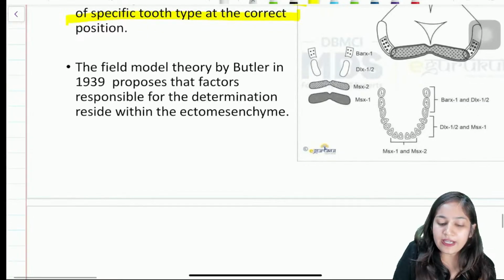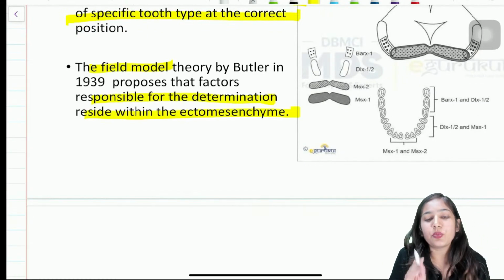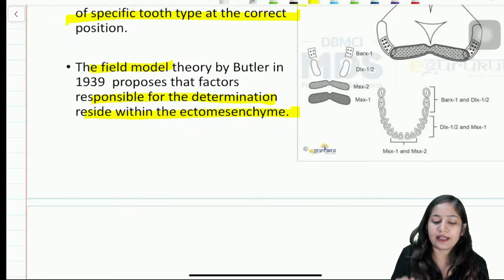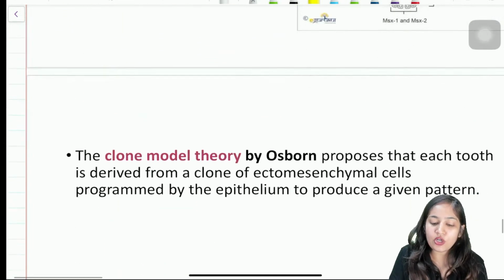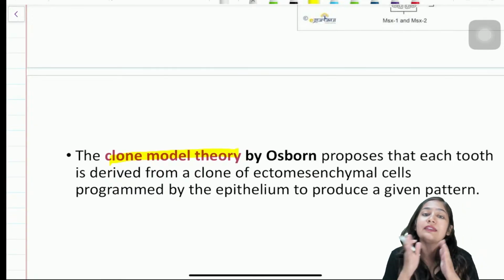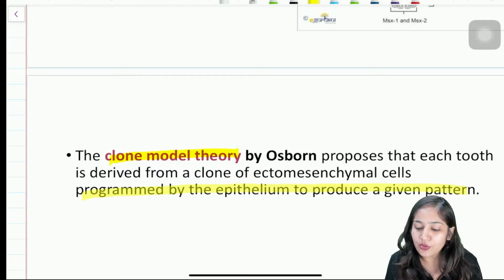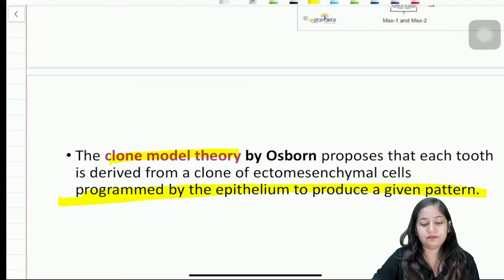According to the field model theory, factors responsible for determination are already present within the ectomesenchyme. In the clone model theory, under the influence of the epithelium, the ectomesenchymal cells will program together and produce a given pattern.